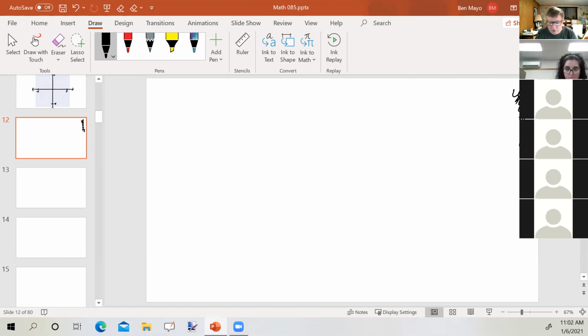Okay. What we're going to look at today is an operation, if you will, that is called factorials. And the symbol for a factorial is an exclamation mark.